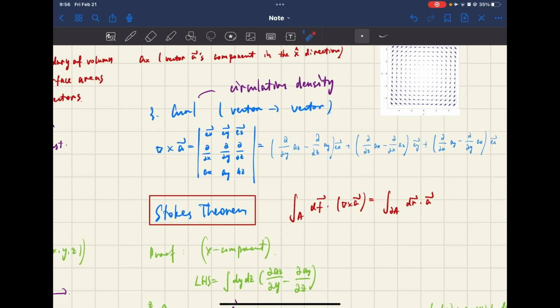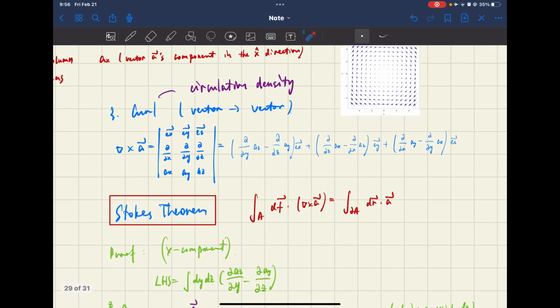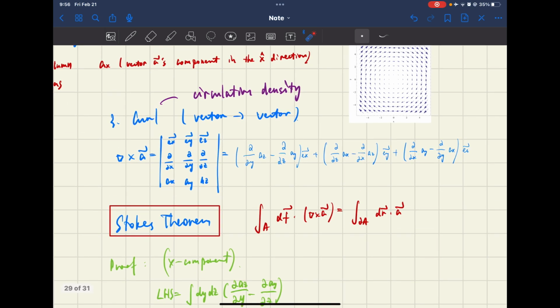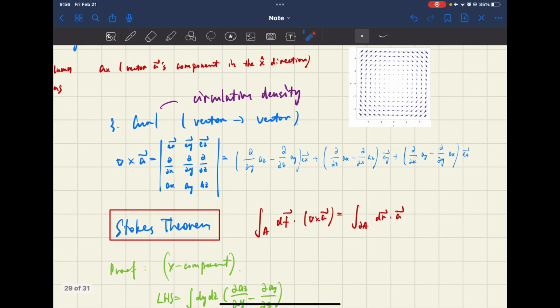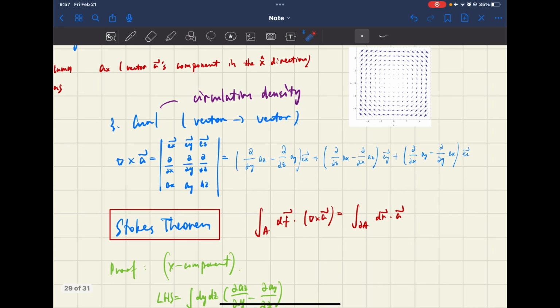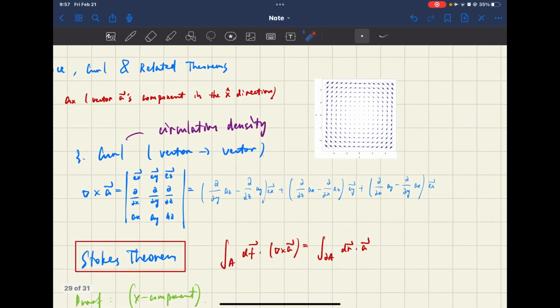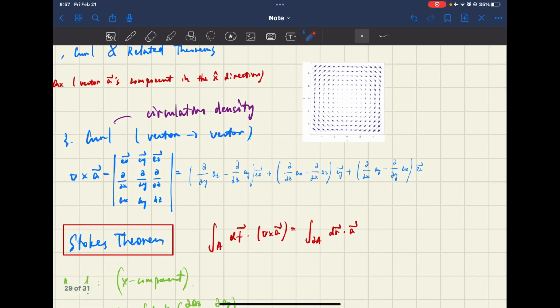We treat the del operator as any other common vector, obtain this determinant, and calculating it gives us this expression. So what does it actually mean? From the form of this expression, we can't derive anything, because it's pretty messy. But in physics, if we use some tools to visualize it, we can see that it represents the circular density of the field.